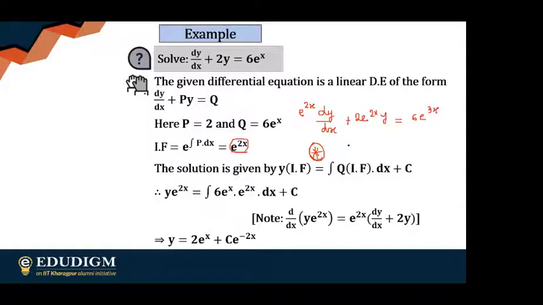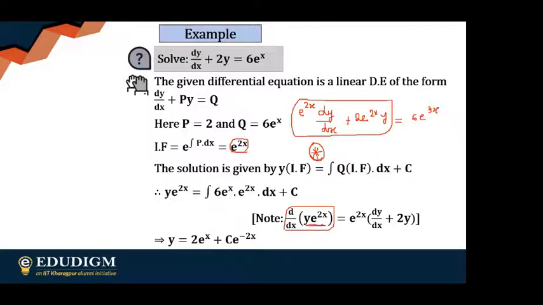Now the beauty of the integrating factor is such that this is nothing but d/dx of y into e to the power 2x. We choose the integrating factor, the formula of this, e to the power integration P dx, in such a way that this will give you y into the integrating factor on integration. Look at the product form here.